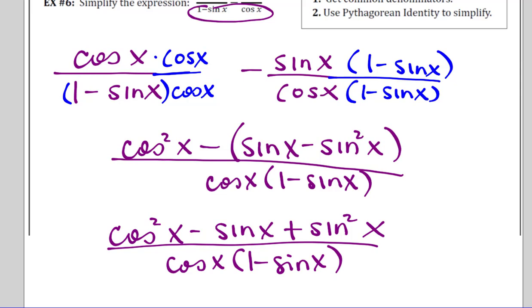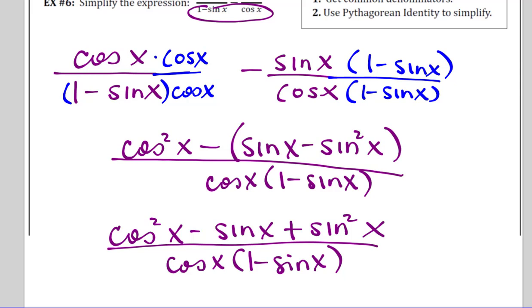Okay? What do you think we might do next? I didn't do that yet. Something else in the numerator.